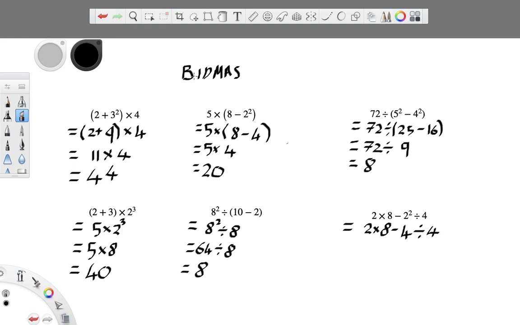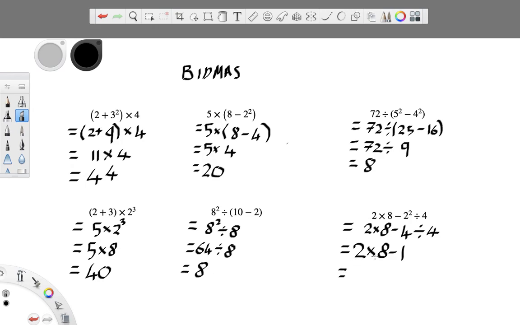So then we move and we've got a division next. So that's what we'll do next. So it's 2 times 8 minus, because we haven't done anything with the 2, the multiplication, the 8 or the minus, 4 divided by 4. 4 divided by 4 is of course 1. So that's the division sorted. So we move along to multiplication. Have we got a multiplication?